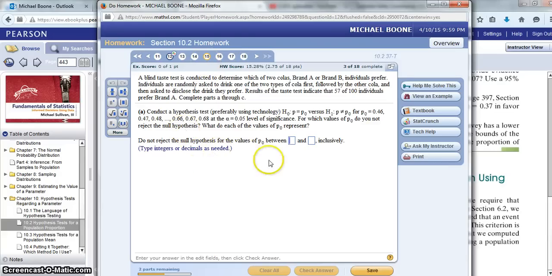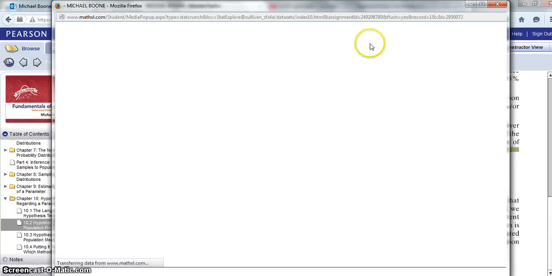And then lastly, there was one, number 15, that p equals p naught versus p not equal to p naught, for p naught being 0.46, 0.47. So we got to try all these, right? And we have to see on which ones do we reject the null hypothesis. So we're just going to do this repetitively, right?